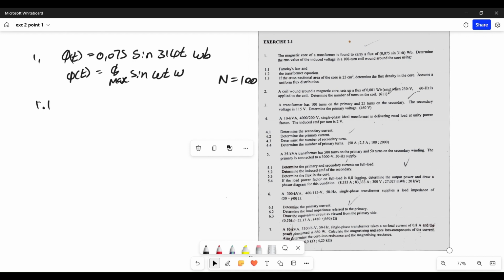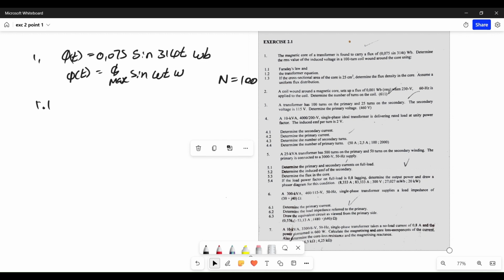Determine the RMS value of the induced voltage in a 110 coil wound around the core. Firstly, 1.1, do this using Faraday's law. 1.2, use the transformer equation. 1.3, if the cross-sectional area of the core is 25 cm squared, determine the flux density in the core. Assume a uniform flux distribution.